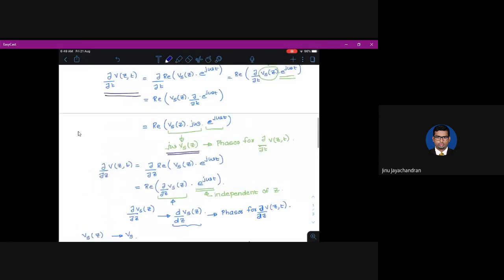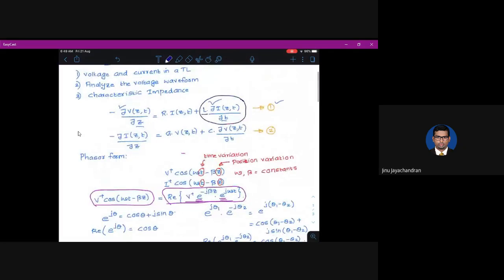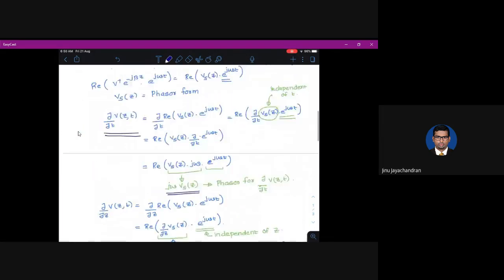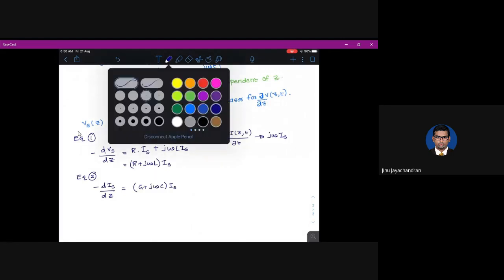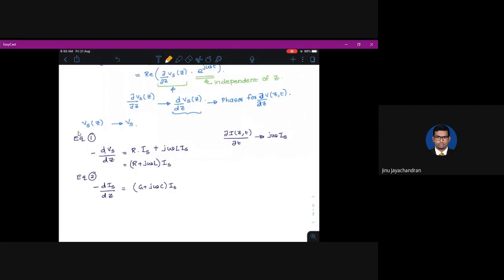The L is coming because in equation number 1 there is an L here, and this part will be our jω into Is. Similarly, there is a C coming in this equation, and this part will be jω into Vs. So now you have two equations which are of a more simplified form than the previous ones. So let me name this equation as equation number 4, and this as equation number 5.